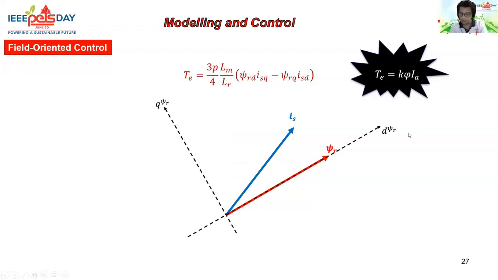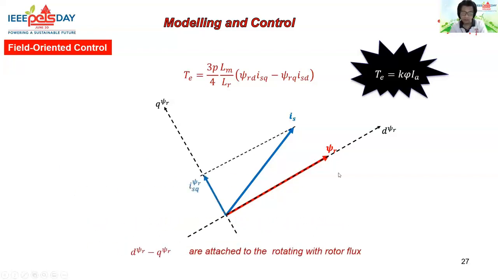All right, so in order to transform this into a torque expression similar to what we have in the DC motor, what we can do is define a new coordinate system which is aligned to the rotor flux. This means that the Q component of the rotor flux in our new coordinate system, which is rotating synchronously with the rotor flux, is going to be equal to 0.